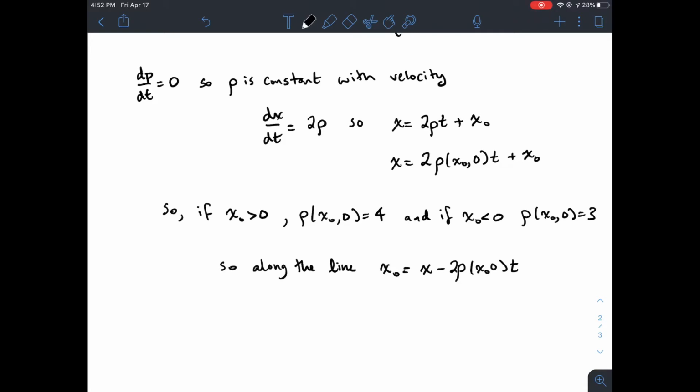That's the characteristic, so along that line, rho is a constant, right? So let's put that in and see what we have there. Rho is a constant, rho of x naught.